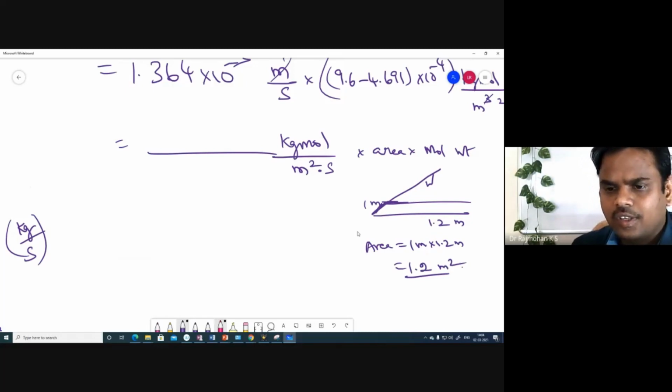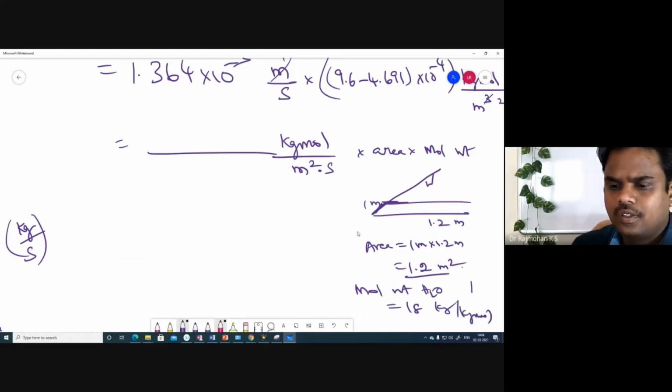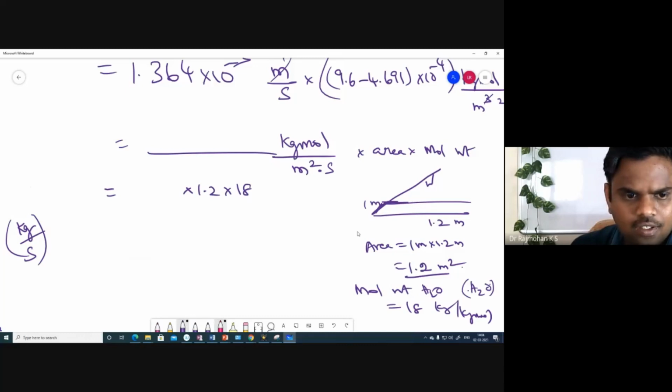Okay, so then what is the molecular weight? The molecular weight of water is 18 kg per kg mole. 16 plus 2, 18. Okay, so what value are you getting? You have to substitute this, multiplied by 1.2 into 18, which gives the value in terms of kg per second.